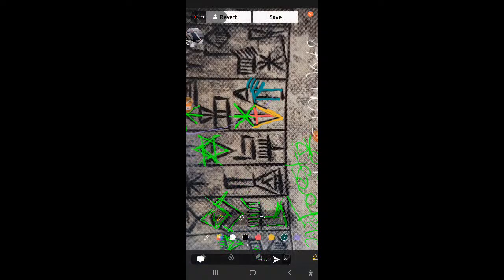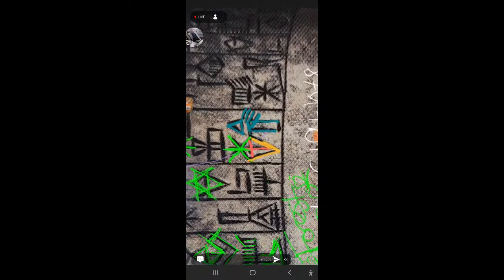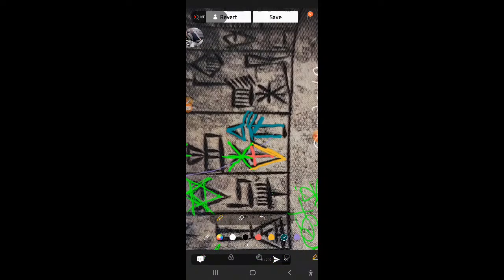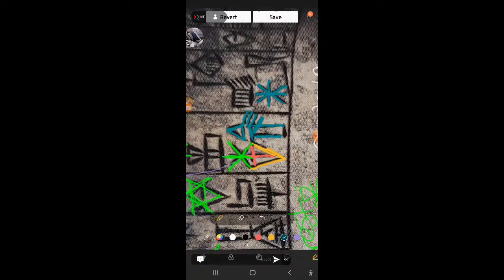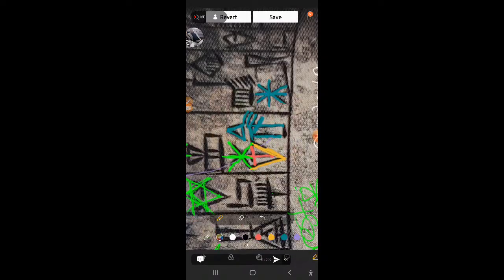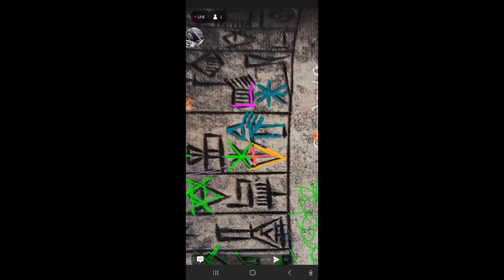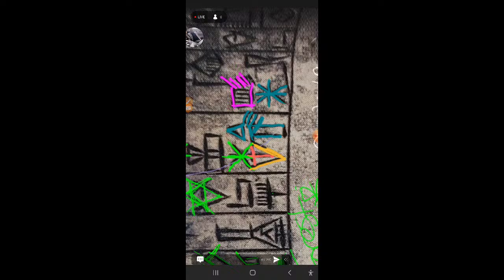Not sure exactly what that is, but sure it does mean something. Once again, cross. Okay, done. And what do we got here? 45. 2, 3, 4, 5, 6.